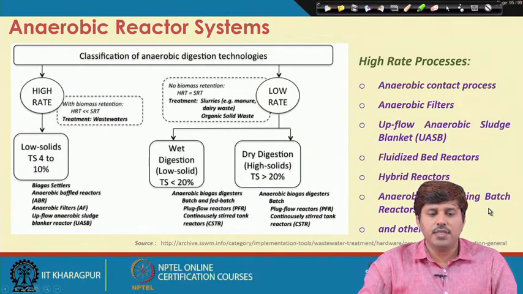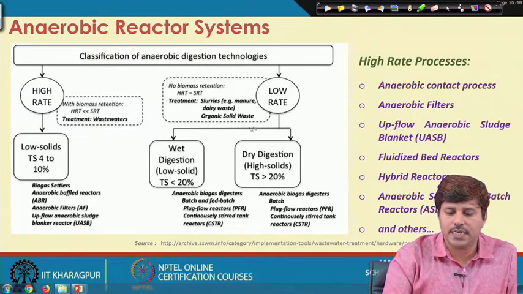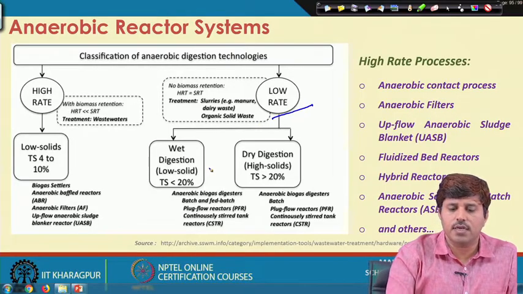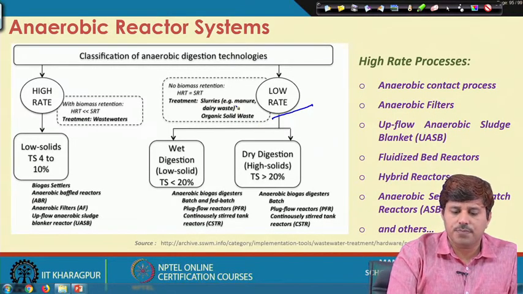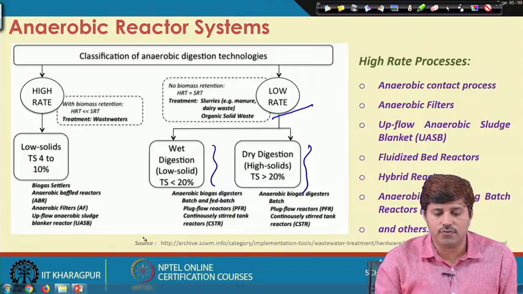Now, if we see the various reactor systems in anaerobic treatment, there are low rate reactors and high rate reactors. The low rate reactors primarily work well for wet digestion or dry digestion, so they are mostly suited for the digestion of solids.